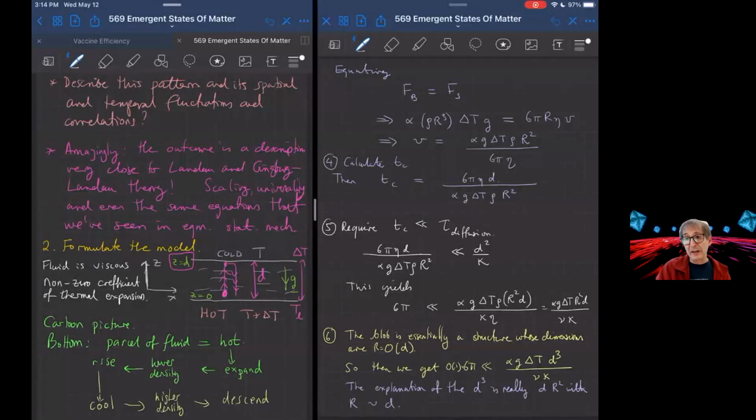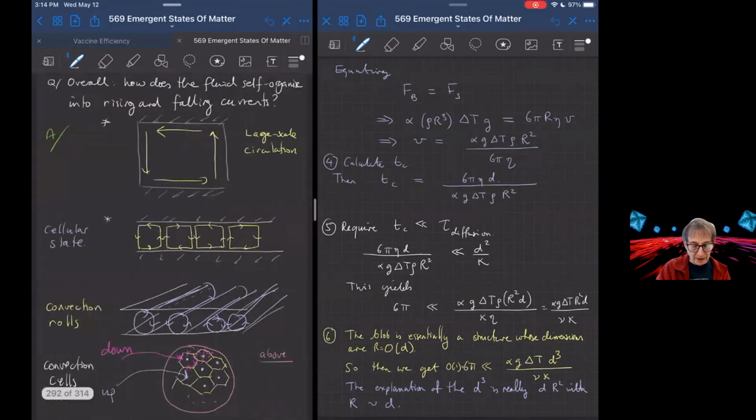Now you might say, well, if there's a small temperature difference, the heat will just conduct by the regular diffusion mechanism, and you'd be right. But once the temperature difference is high enough, you can form a variety of patterns of fluid flow that self-organize, as shown in these sketches on the left, depending on the geometry and the parameters: the viscosity, the thermal conductivity, the expansion coefficient, and the distance between the plates.